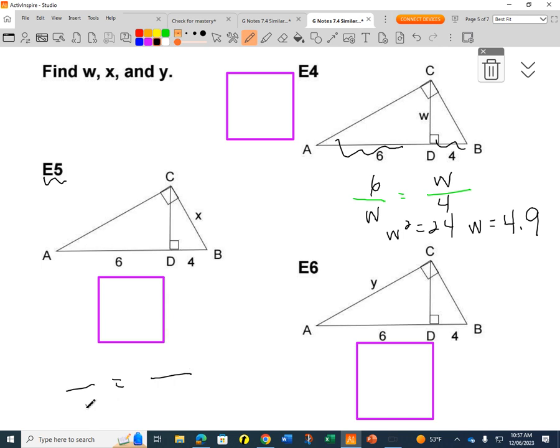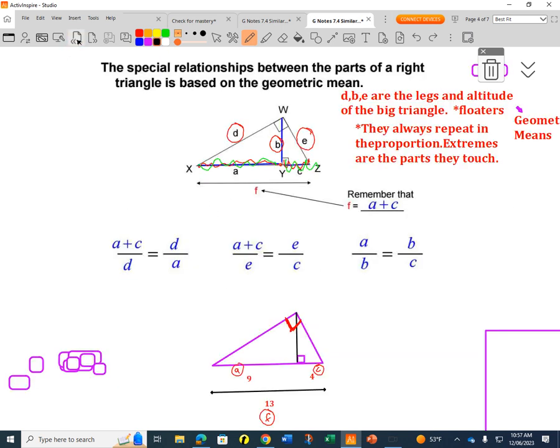So that goes in the mean spots. Now for this one, let's look back at your notes. So this one is in this spot, right? So E, and it's the sum of A and C, and that's the length of the hypotenuse, and C, that part that it touches.